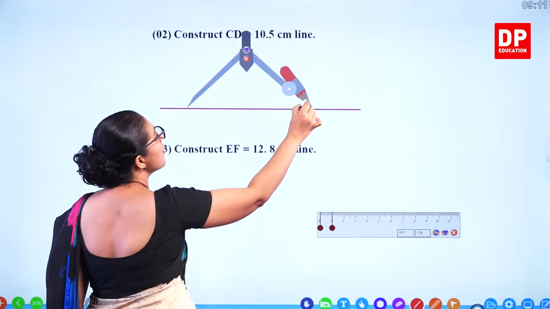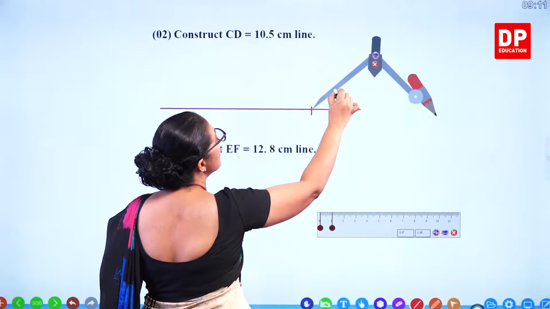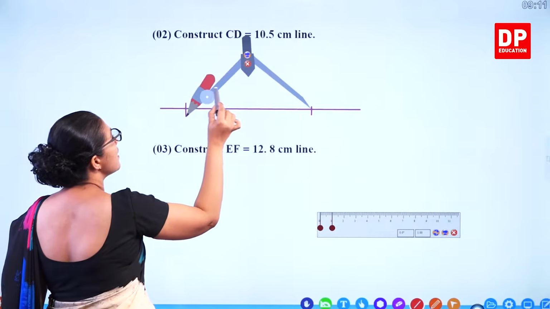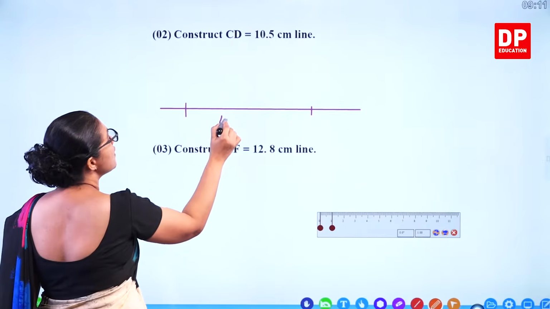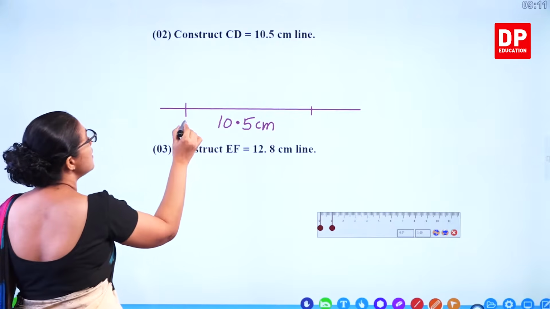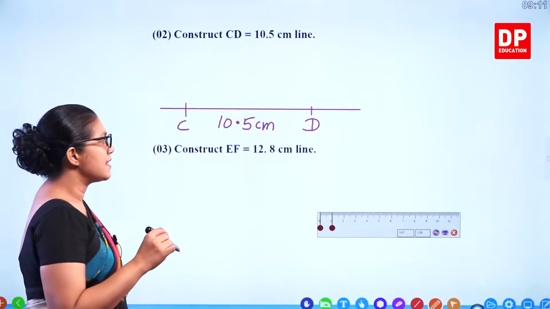You can mark 1 point here and another point there. So what's the distance? 10.5 centimeters. And then you can label, this is C and D. So this is CD line segment.